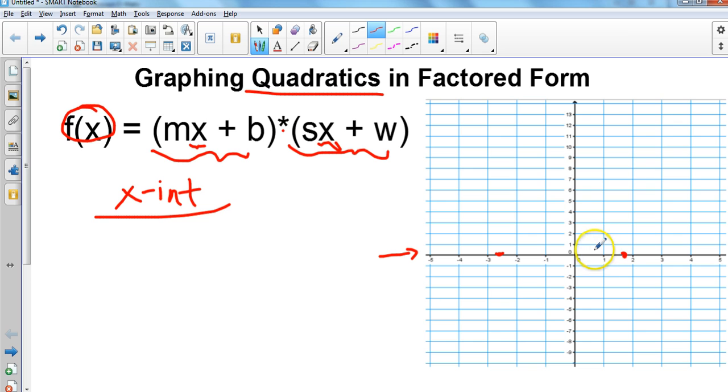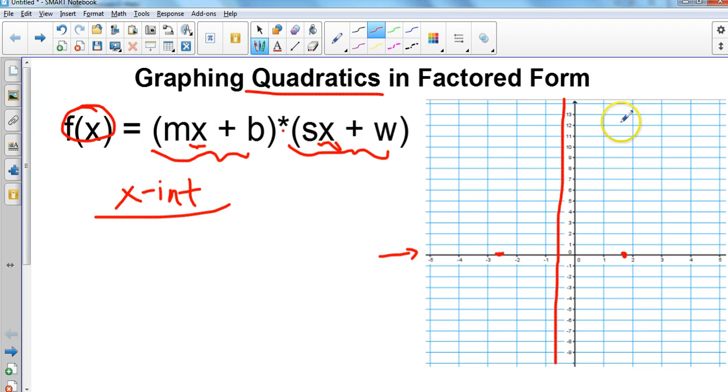So the axis of symmetry has to be right in the middle of them, right? And remember, the way that we find the middle of 2 points is to average the 2 x values, whatever they happen to be: add up the 2 x values and divide by 2. That'll give us the value of where the axis of symmetry is, which therefore is where the vertex lives.